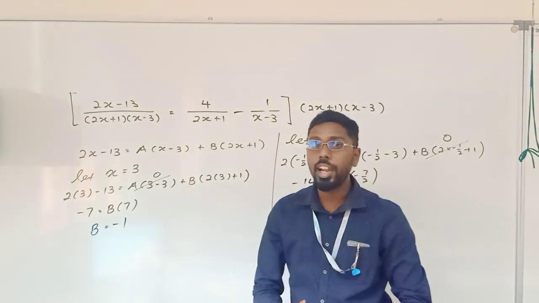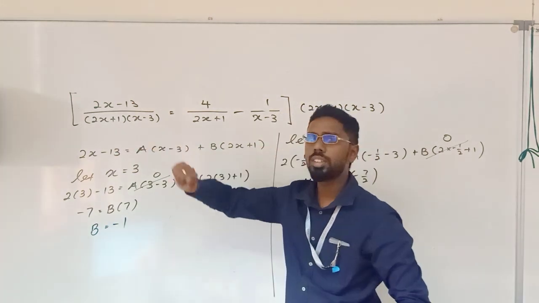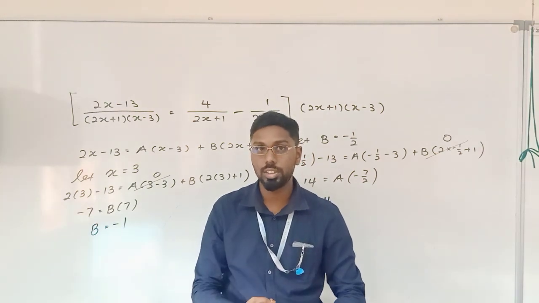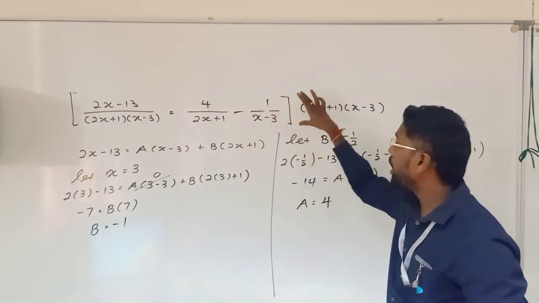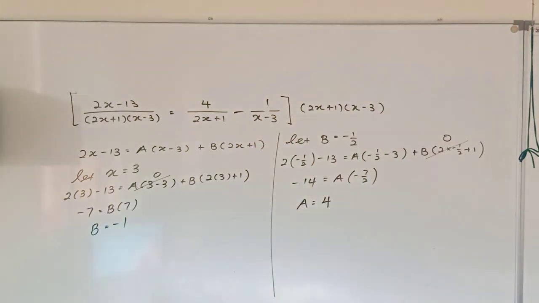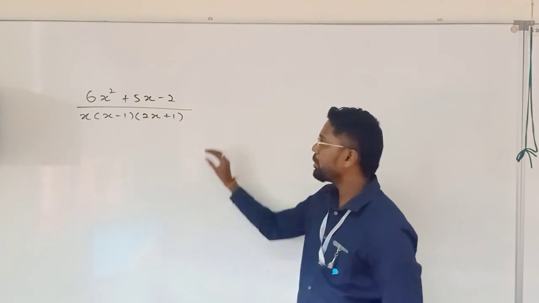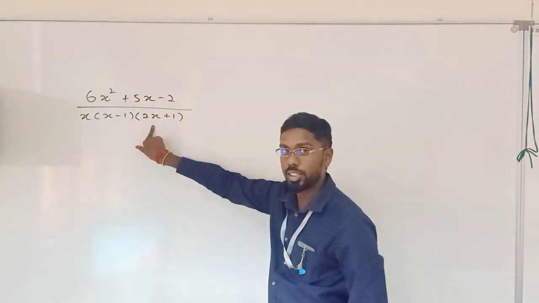What happens if we have more than two factors? For example, we have 3 factors. Then here will be a, b, and one more c. Let's look into another example. So here I gave you a function with 3 linear factors.